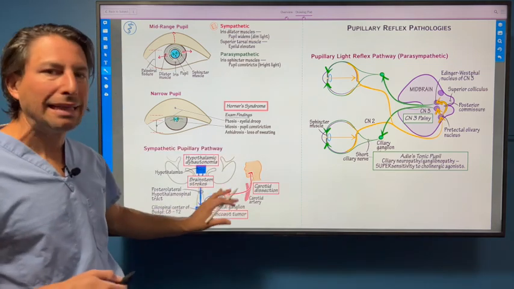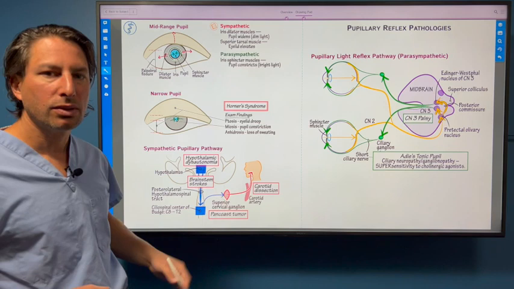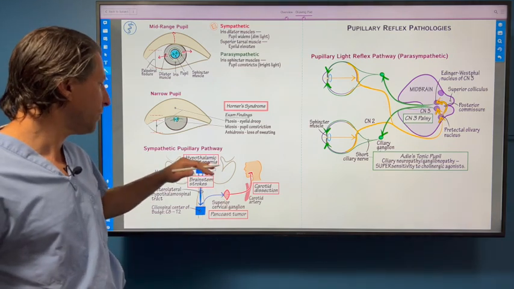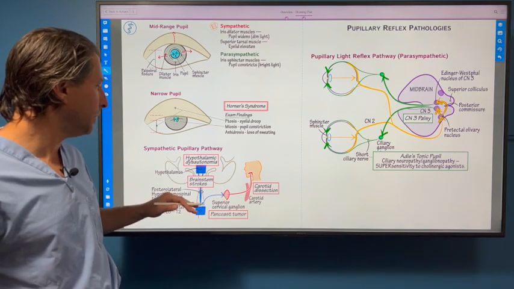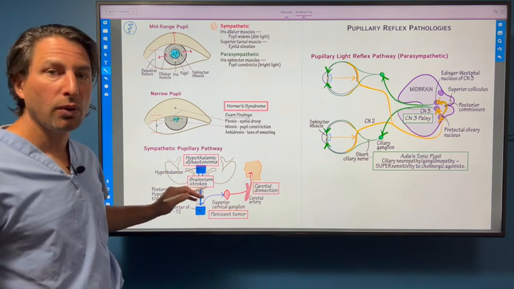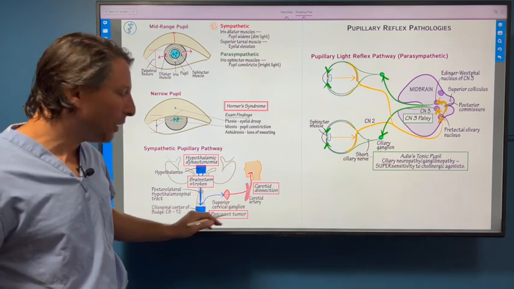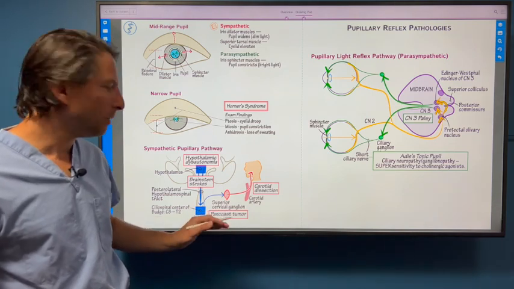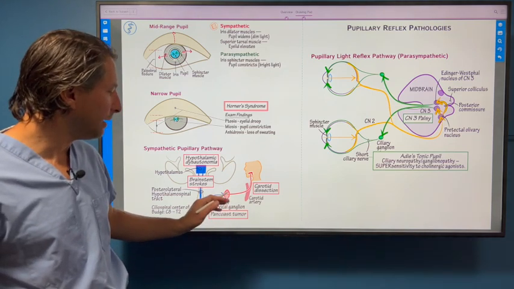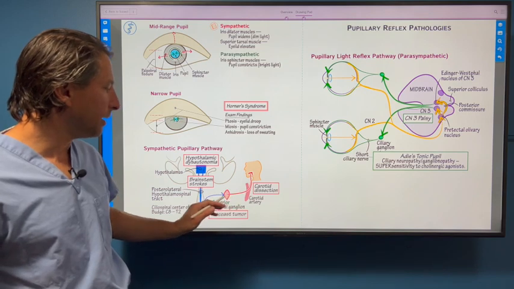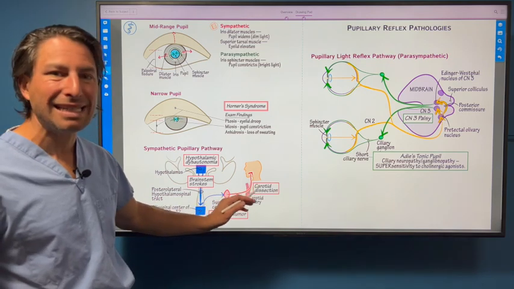So there's several key localizations for a Horner syndrome that you need to work through. The first would just be a hypothalamic dysautonomia. A brainstem stroke is a key cause of Horner syndrome. Pancoast tumor, an apical lung tumor, can affect the superior cervical ganglion, which is carrying these sympathetic fibers. And then carotid dissection.